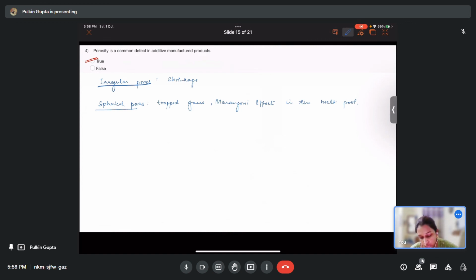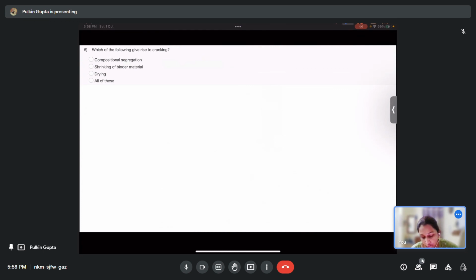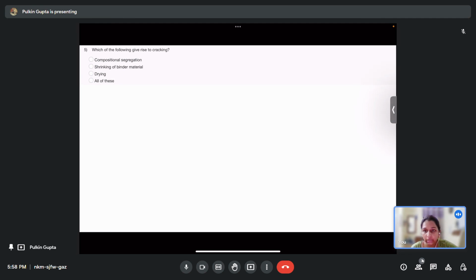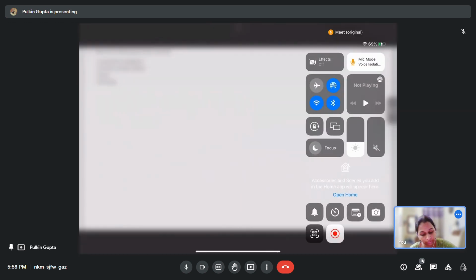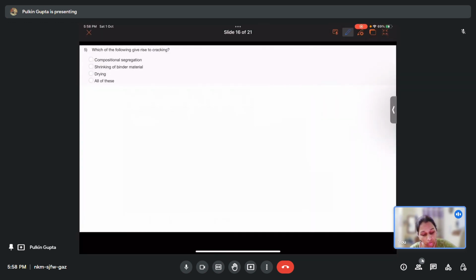So next question, which of the following give rise to cracking? Compositional segregation, shrinking of binder material, drying, or all of these? So the correct answer is all of these, since we have talked about how compositional segregation causes cracking and then shrinkage of binder materials.